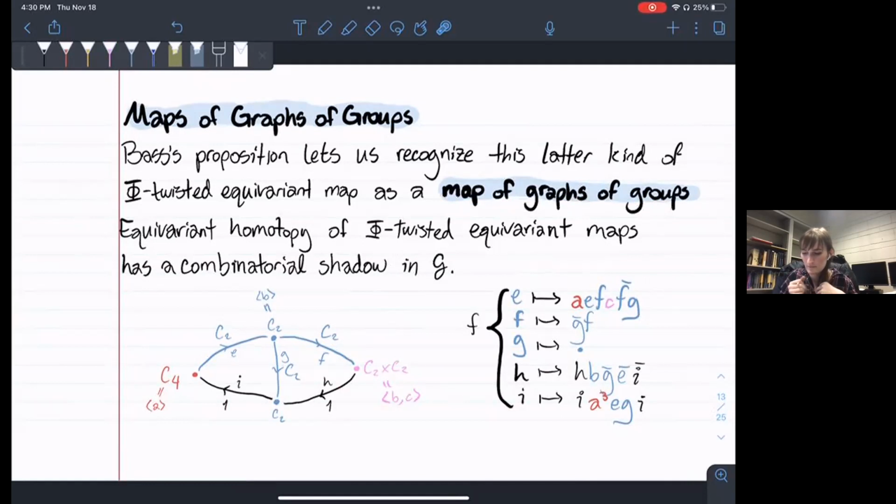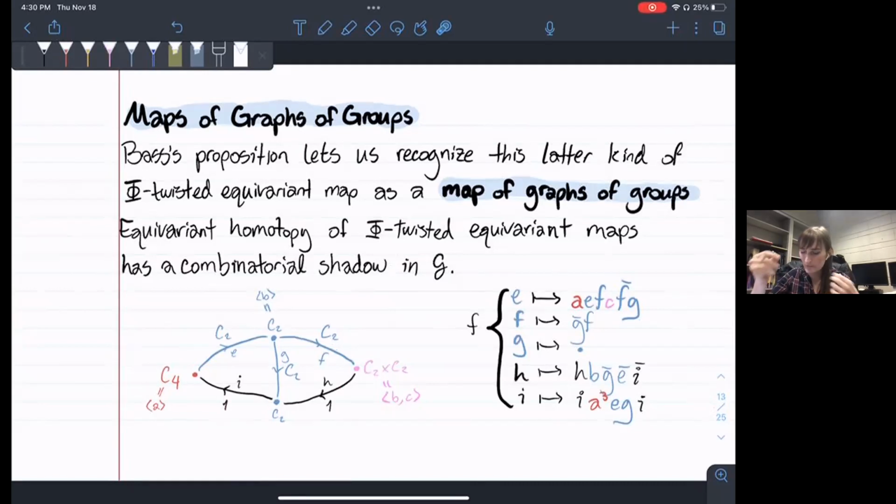And then equivariant homotopy of phi twisted equivariant maps upstairs has a combinatorial shadow down in the graph of groups. Basically, the things that you're allowed to do are you're allowed to change the image of an edge, which goes to an edge path, by a homotopy.